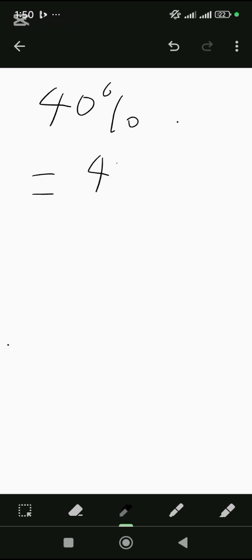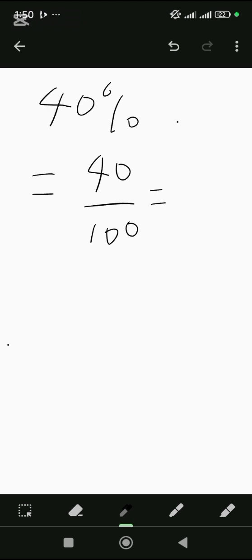So let's see that. 40%. Recall that percent is in 100. So where we have 40%, what this means is 40 all over 100. Let's see.